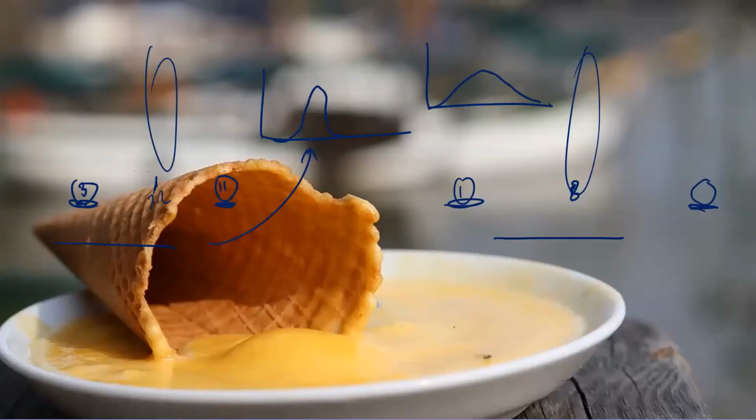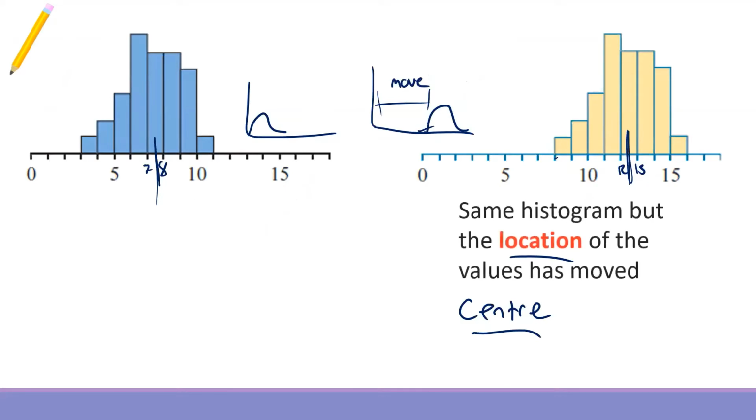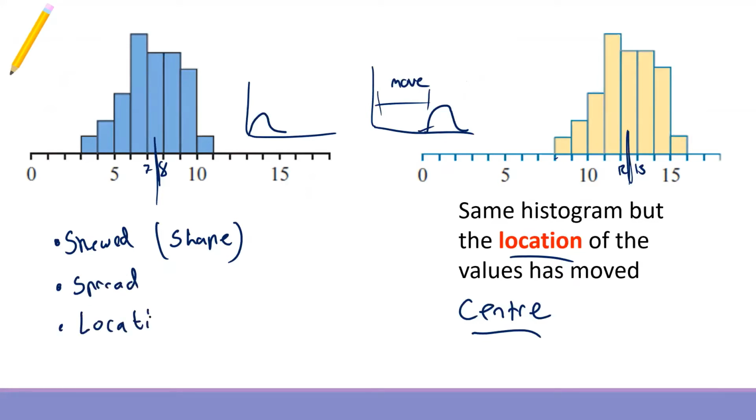We've talked about whether or not it's skewed, which is a measure of its shape. We've talked about its spread, and then we've also talked about its location. So these are the three things that we've talked about when it comes to determining some information about a histogram.